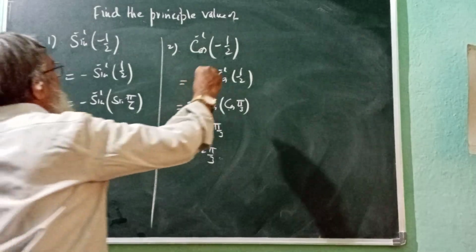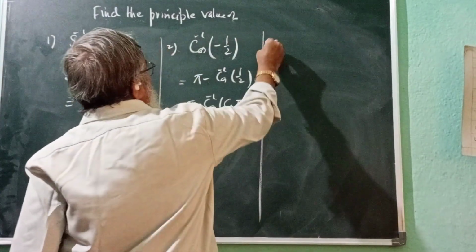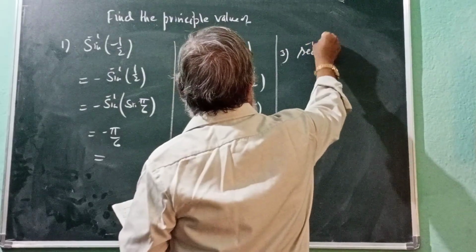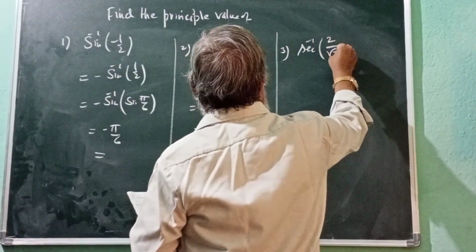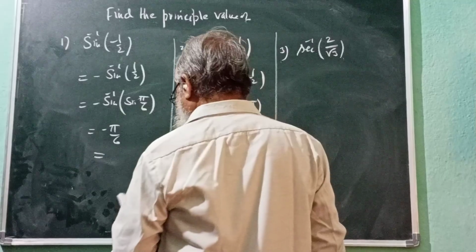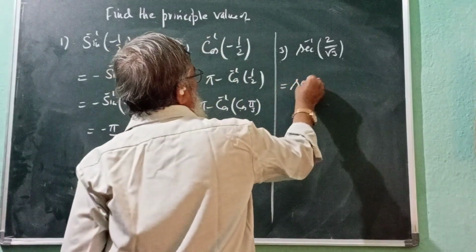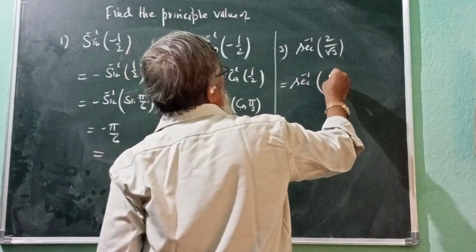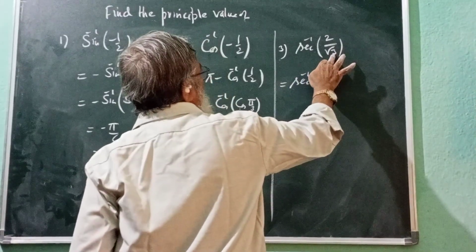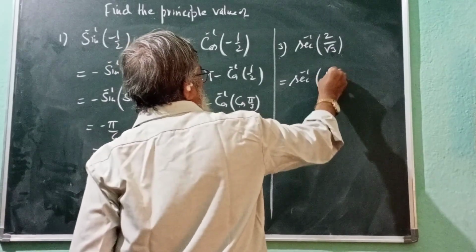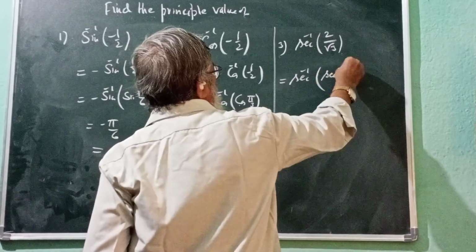Now look here, we take another value, that is sec inverse 2 by root 3. It is having only a positive sign, so in terms of sec we have to write it as sec of pi by 3.